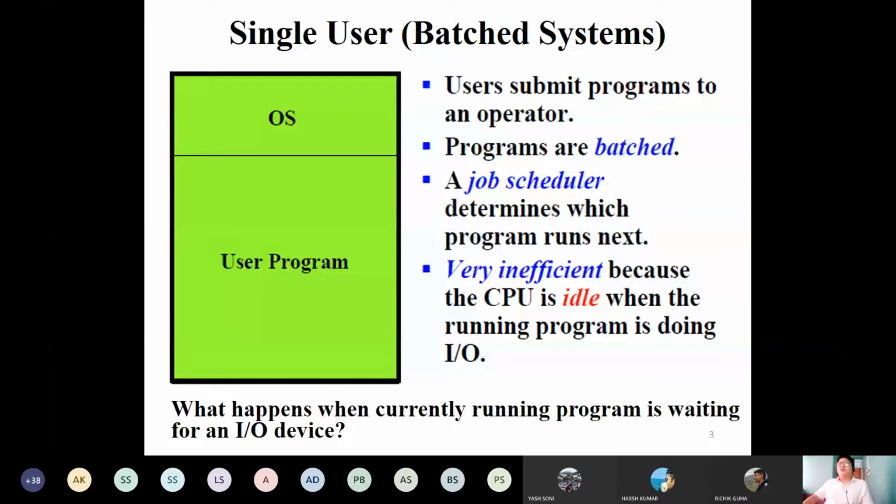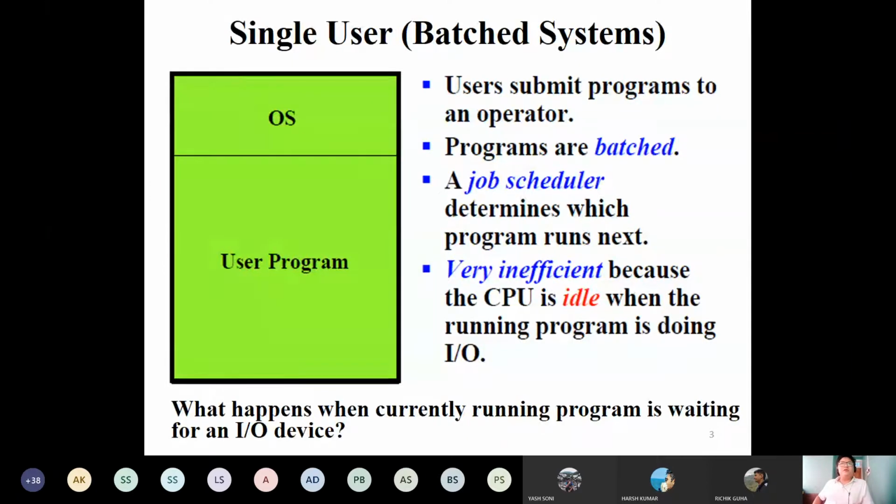Now how? In those times, the programs whose resource needs were the same, like memory, a printer, etc., were grouped together in one batch.